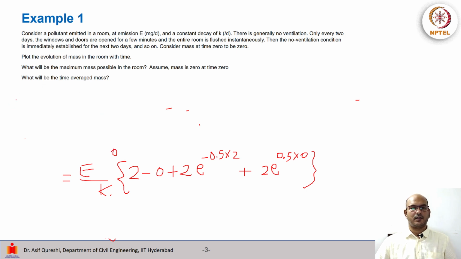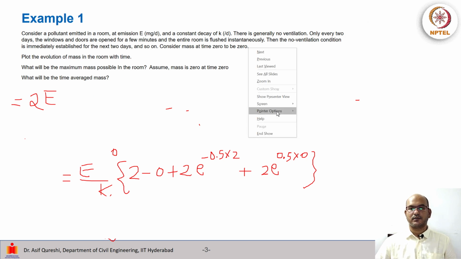So this term becomes e by k, which is basically 2 times e. This is minus sign again, sorry.